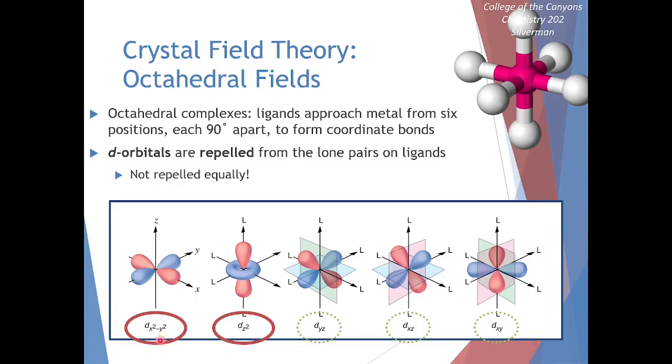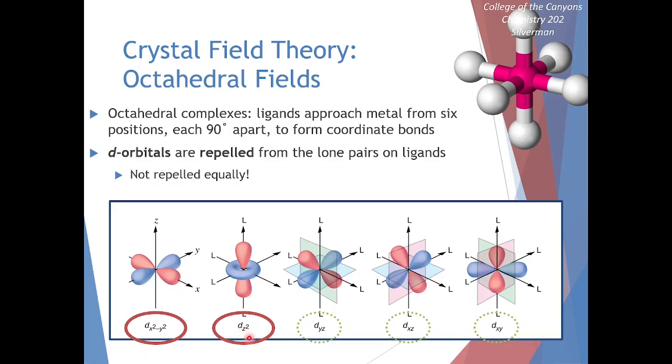There's going to be a lot of overlap and a lot of repulsion with this d orbital, which is exactly on those axes, exactly where these 4 ligands are trying to bond. This orbital is going to be elevated to a much higher energy level because of that repulsion.